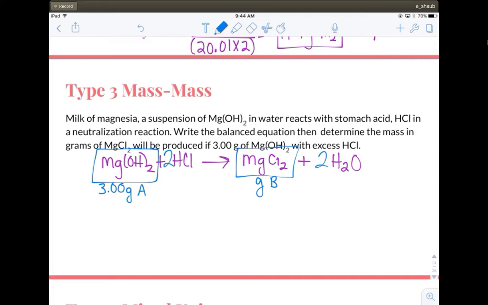So the other piece of information I need to know about both of these are the molar masses, which I will give you off beside these. So the molar mass of magnesium hydroxide is 58.32 grams per mole. So again, when you're doing these calculations, you can use molar mass calculators or just have a periodic table handy. And then 95.21 grams per mole is the molar mass of magnesium chloride.